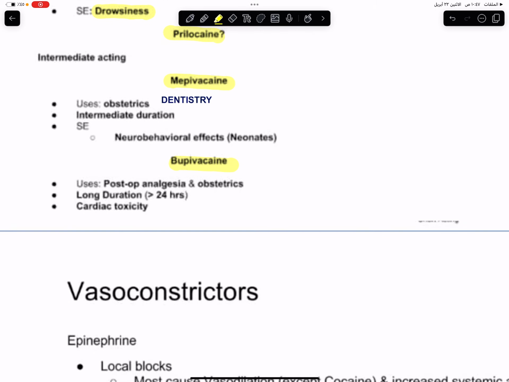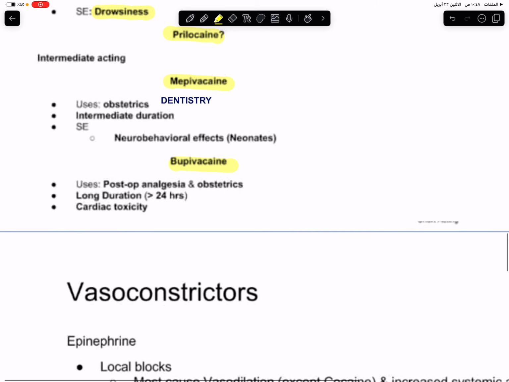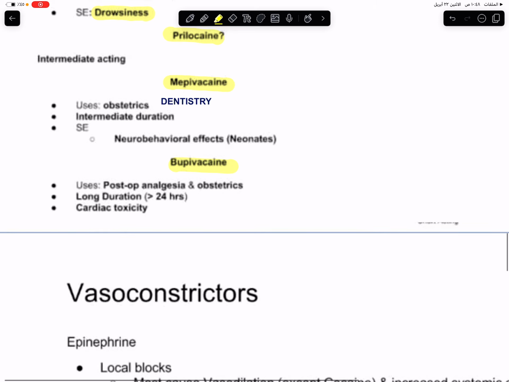Normally we don't use bupivacaine in dentistry except in maxillofacial. If the procedure is long, then we can use bupivacaine. The duration of action is very prolonged, 24 hours. Cardiac toxicity is there, so we must be careful while using it in cardiac problem patients.